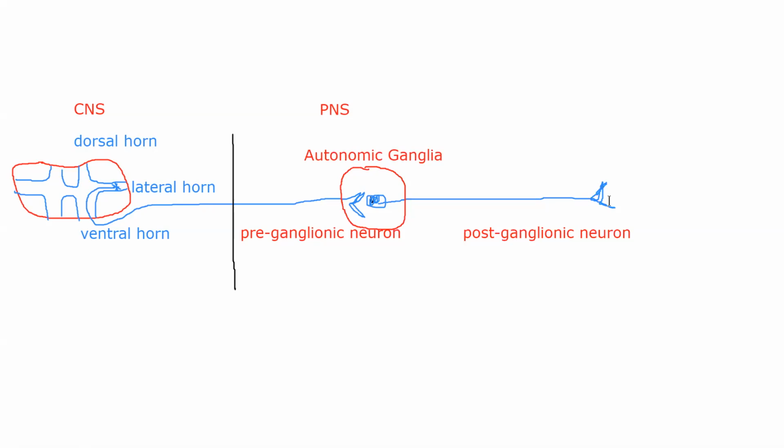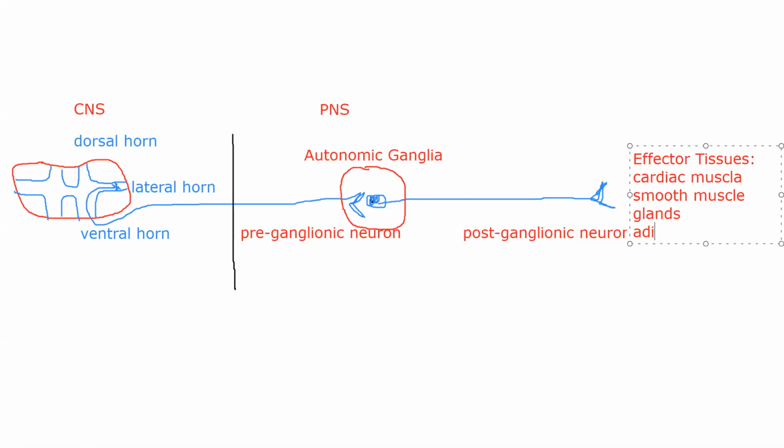Okay, and then let's get back to some of those effector tissues that we synapse at. So the types of tissues that we talked about as our effector tissues are tissues that we do not have voluntary control of, okay? And those include cardiac muscle, those include smooth muscle, and we have smooth muscle in abundance throughout the body, as well as glands, okay?